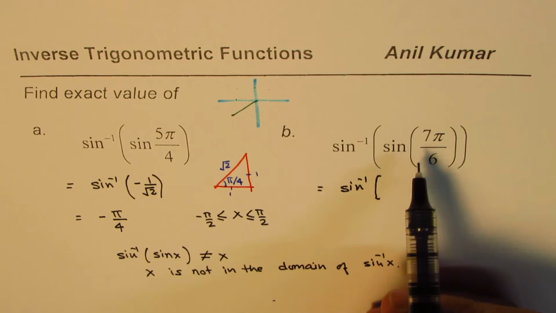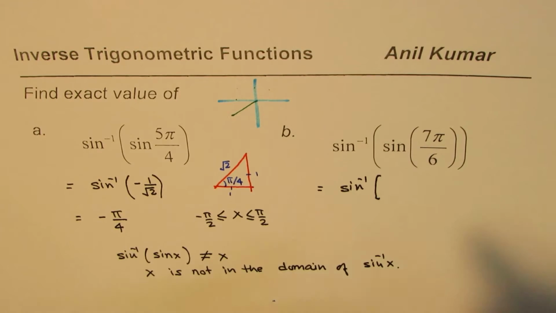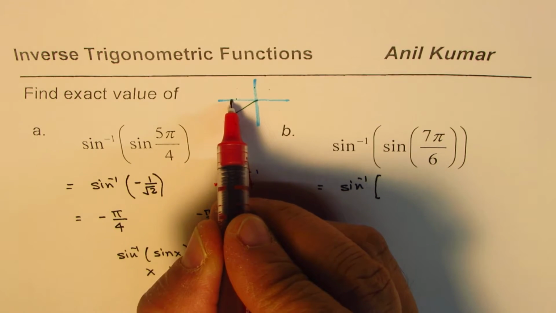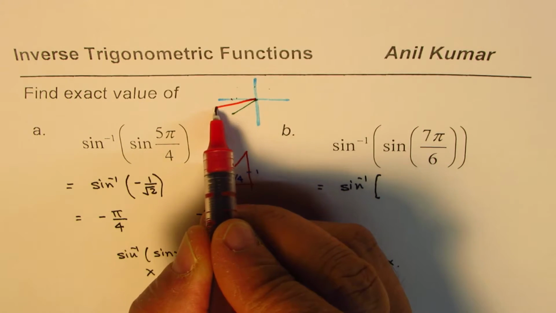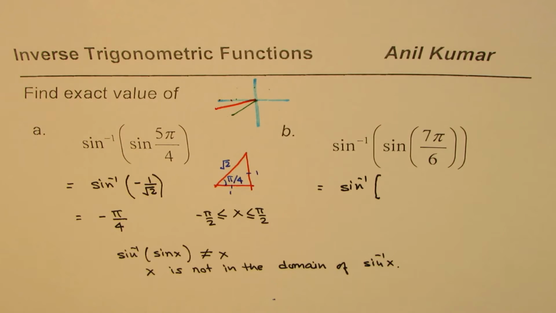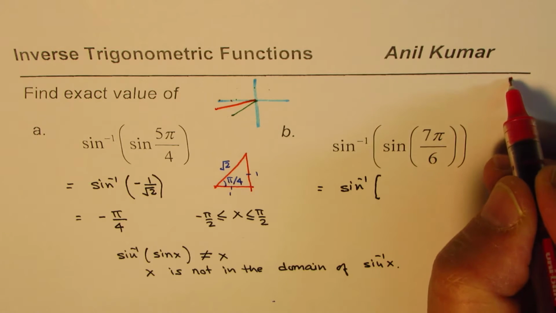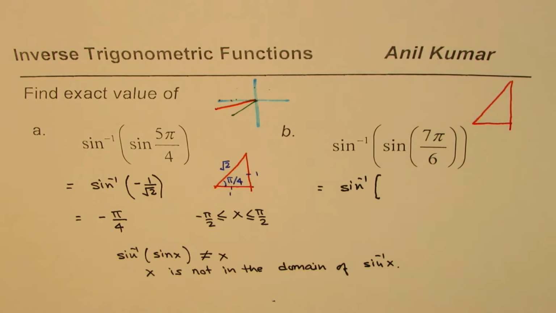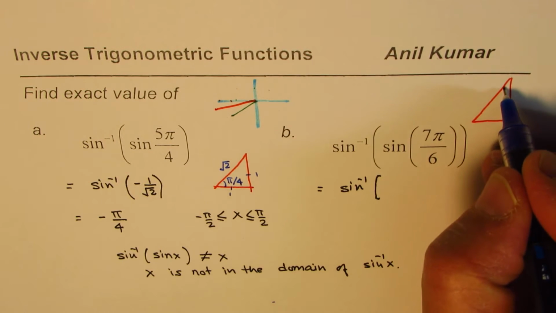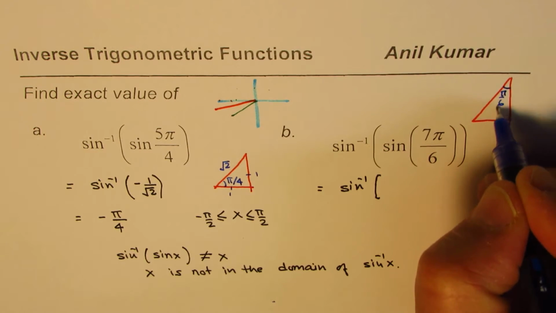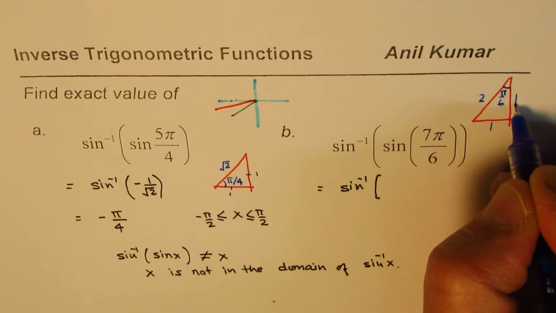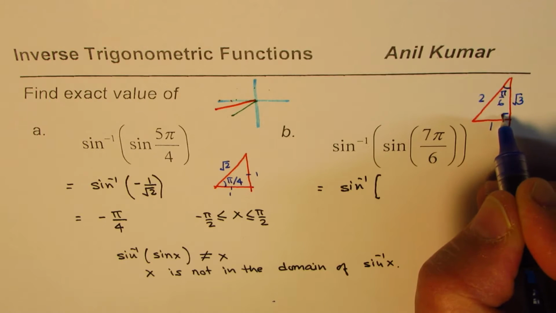So pi by 6 is here, so 7 pi by 6 is kind of here, right? So we get negative, and what is the value? Let's sketch the triangle here. The angle pi by 6, the sides are 1, 2, square root 3, that is 90.